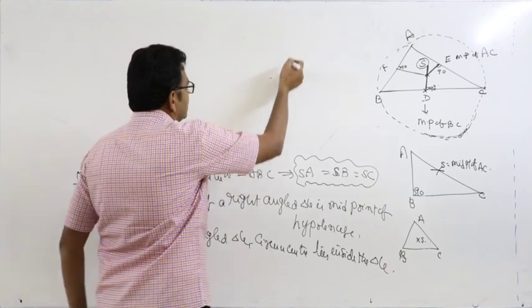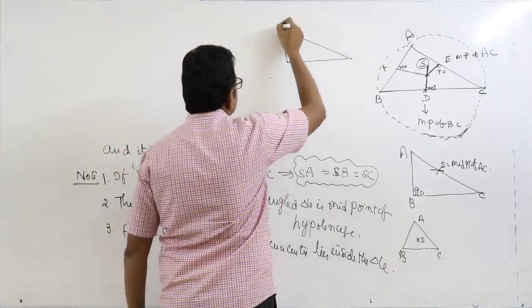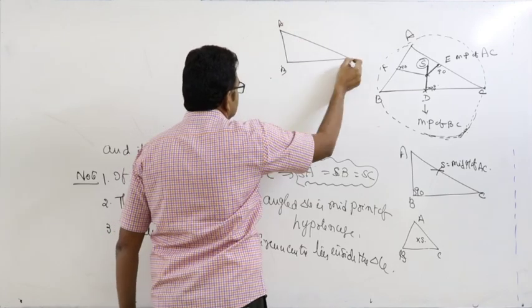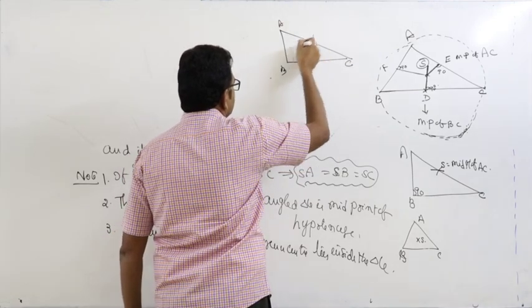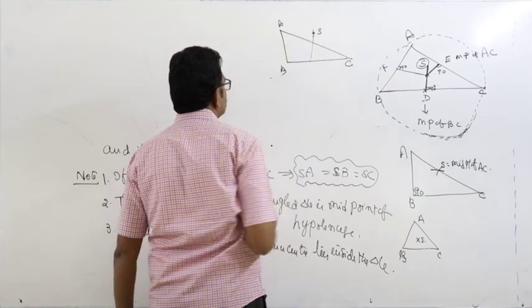Suppose the triangle is an obtuse angled triangle ABC. So here the circumcenter lies outside the triangle.